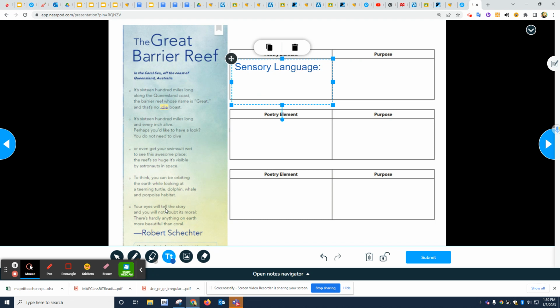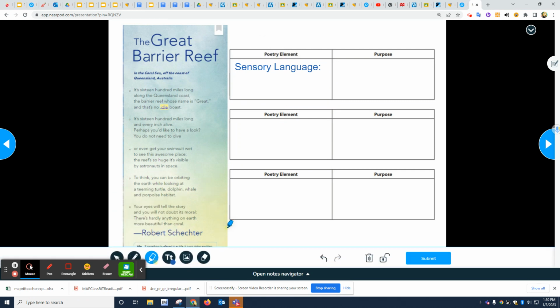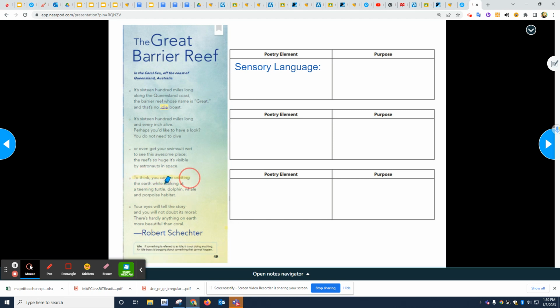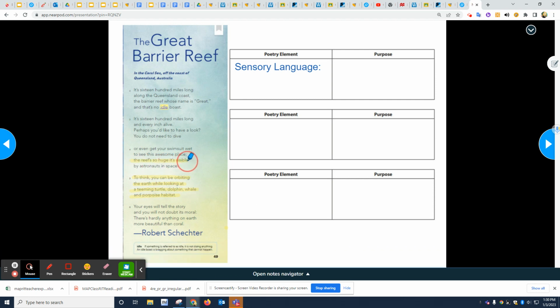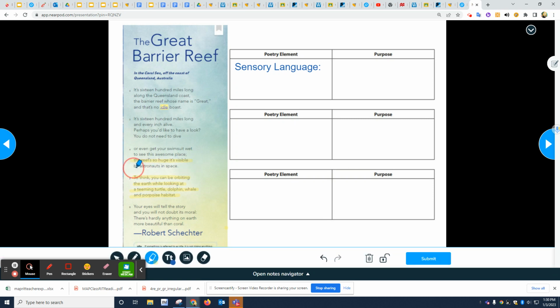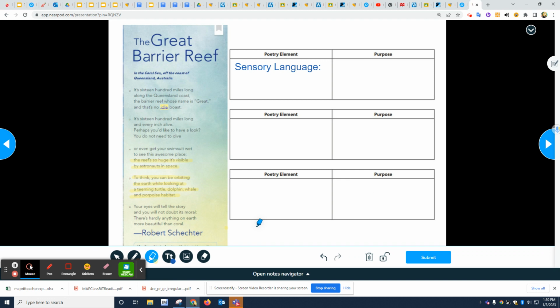And that is line where I saw sensory language was right here. To think you can be orbiting the earth while looking at a teeming turtle, dolphin, whale, and porpoise habitat. I also said this was the reef so huge it's visible by astronauts in space. I think that's sensory language.